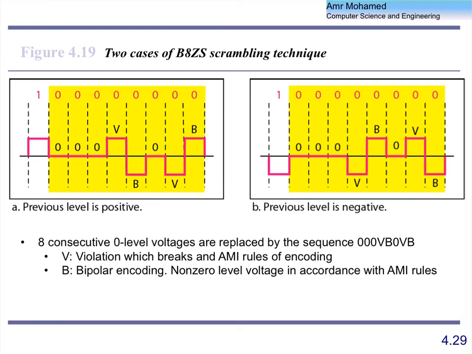Yeah, so again, this violate and this violate are used by the receiver, because if I do here negative, the receiver will start to say, okay, so I got back to the normal rules of AMI. You see what I mean here? So if you do like this, this is what you're trying to say, right?